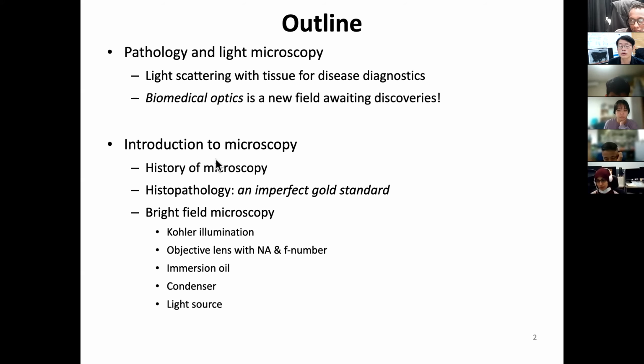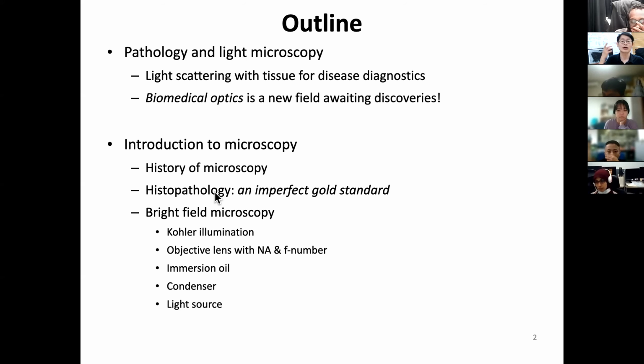So let me introduce microscopy, which has a long history, and I want to discuss histopathology. Histo means a study of tissue, I mean biological tissue, and pathology. Histopathology is basically looking under the microscope at a sectioned tissue by a pathologist.